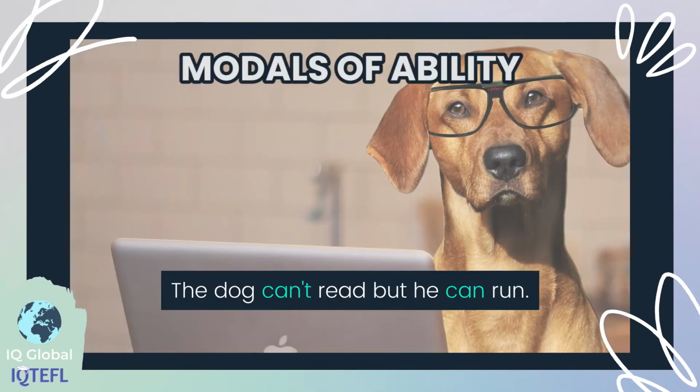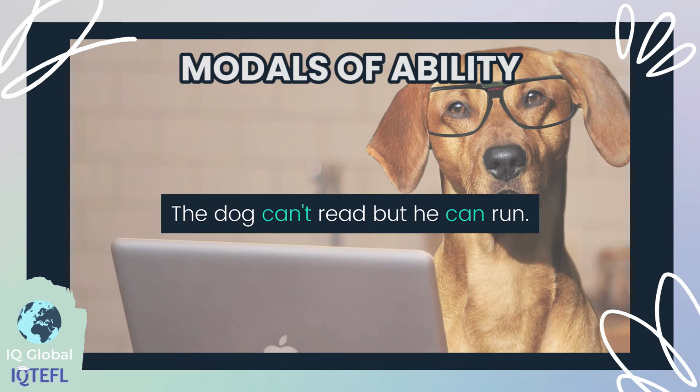So now let's look at a quick example for expressing ability in the present tense using the modal verbs can't and can. So in this sentence, the dog can't read, but he can run. We can see the modal verb can't right before the verb read.